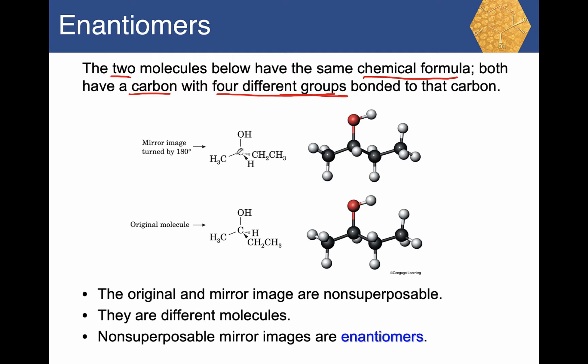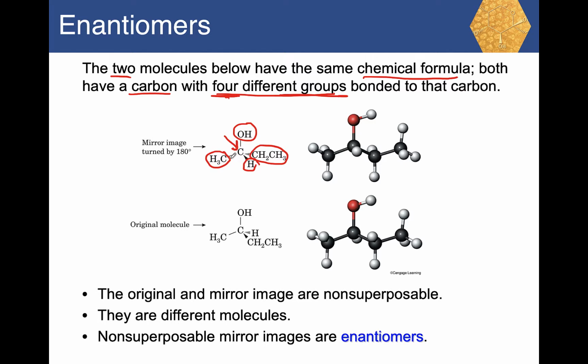Here is that carbon right here. It has an OH, it has a methyl, CH3, it has a hydrogen, and it has an ethyl, CH2CH3. So there are 4 different groups bonded to this carbon.